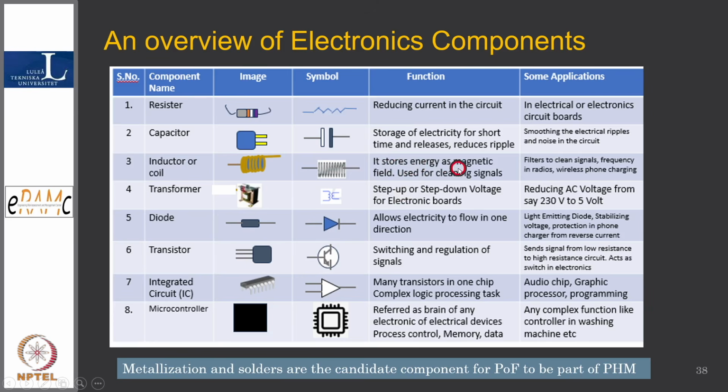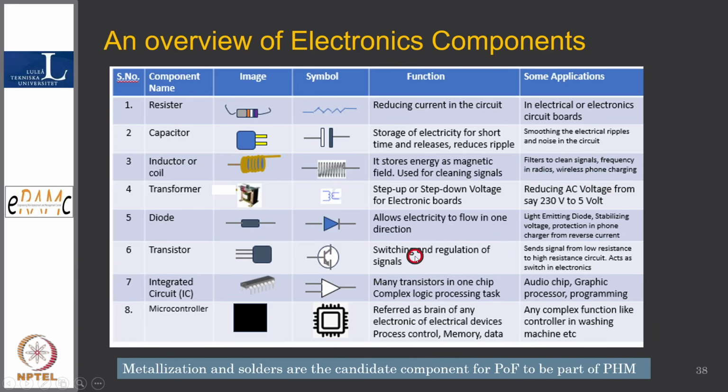So it stores energy as a magnetic field and is used for cleaning signals. What are the applications? Filters to clean signals, tuning frequency in radios, increasing or decreasing frequency in radios and wireless, and wireless phone charging. Okay, these are the applications.